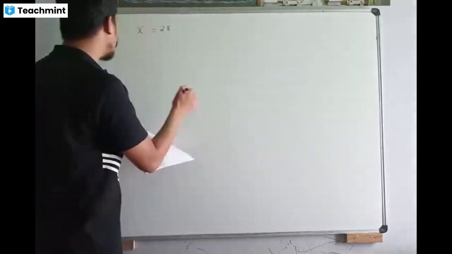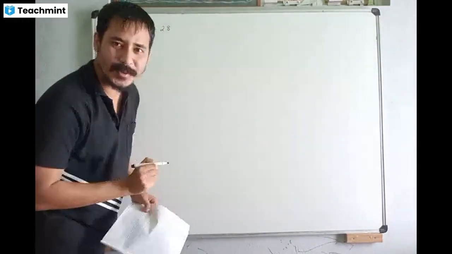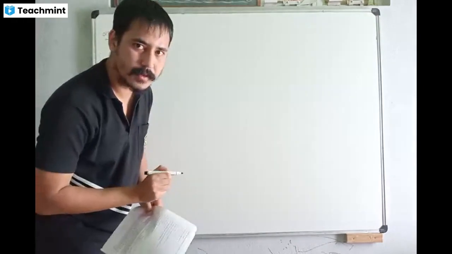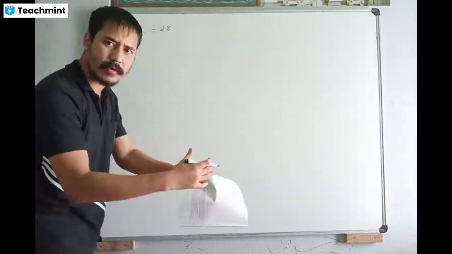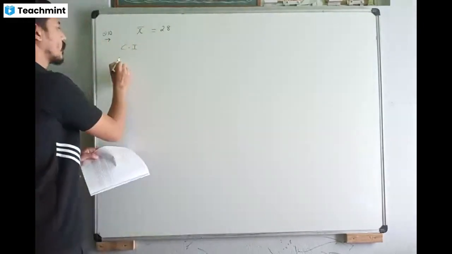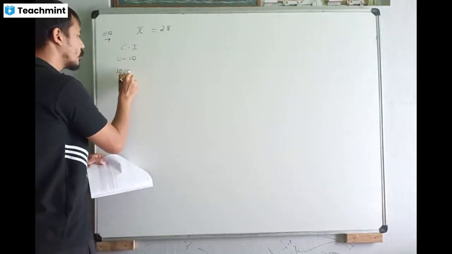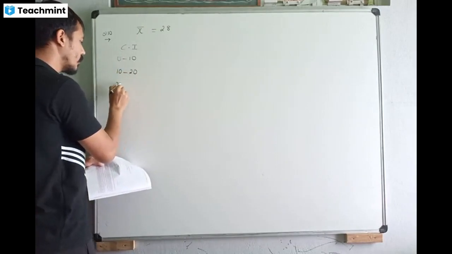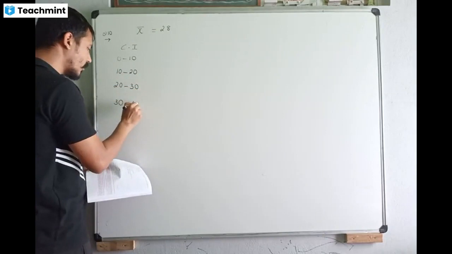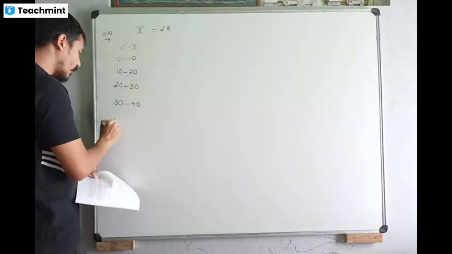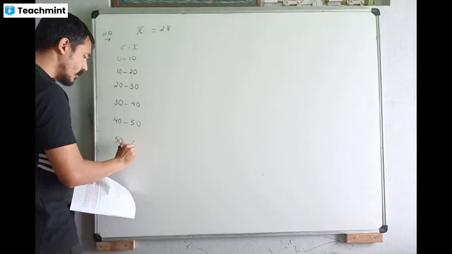Okay. Now let's write your class interval. Now everyone knows what is class interval, right? Yes. Group of items. Class interval, group of items. 0 to 10, 10 to 20, 20 to 30, 30 to 40, 40 to 50, 50 to 60.